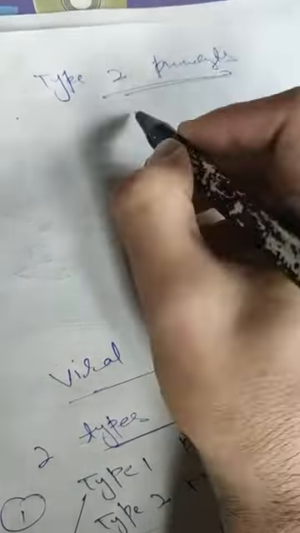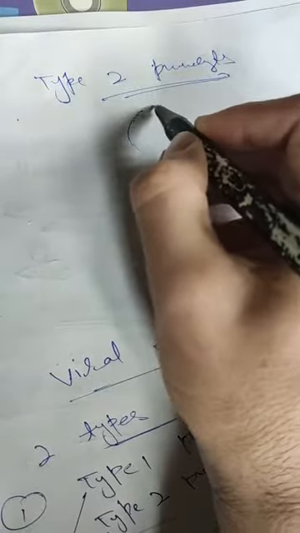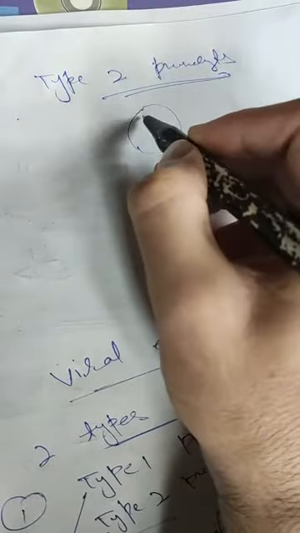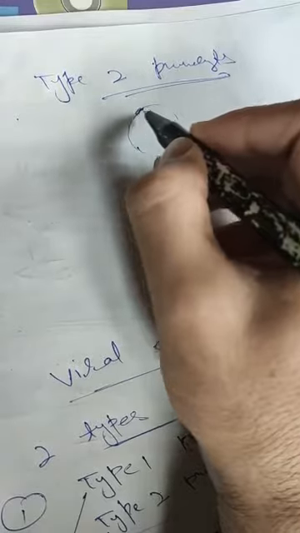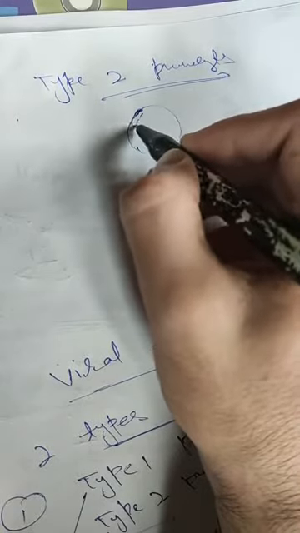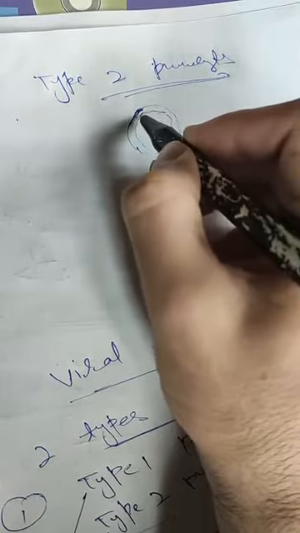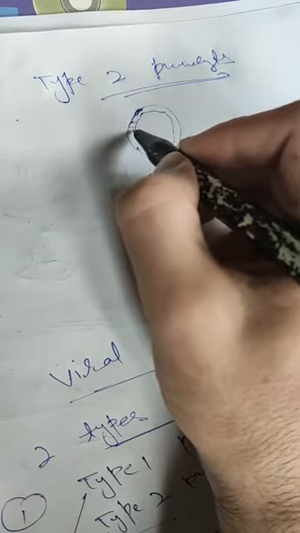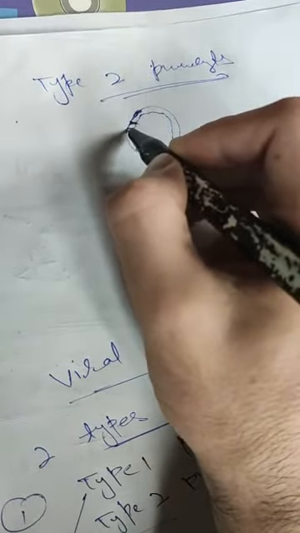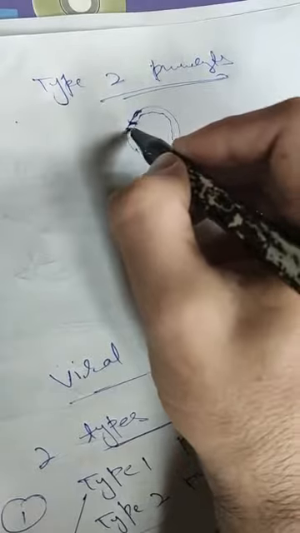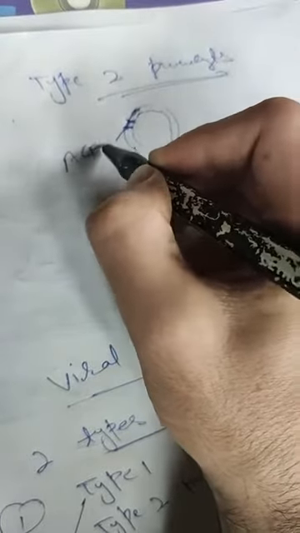So if this is a cell, for example, this is the cell membrane, the outer membrane, and this is a transmembrane protein. For example, there is one protein which is known as ACE2 protein.